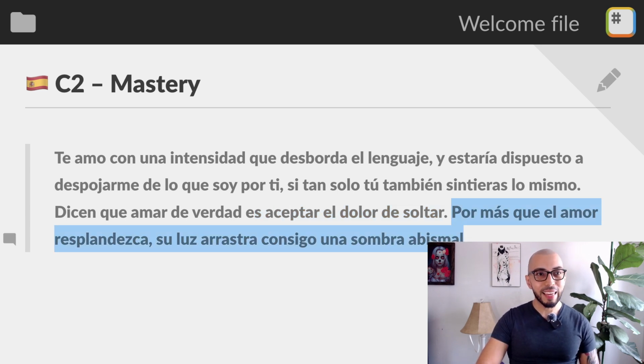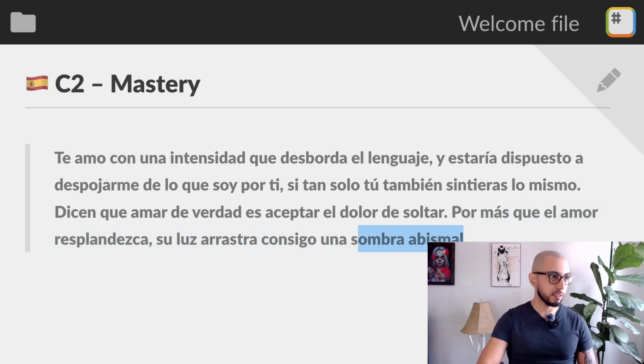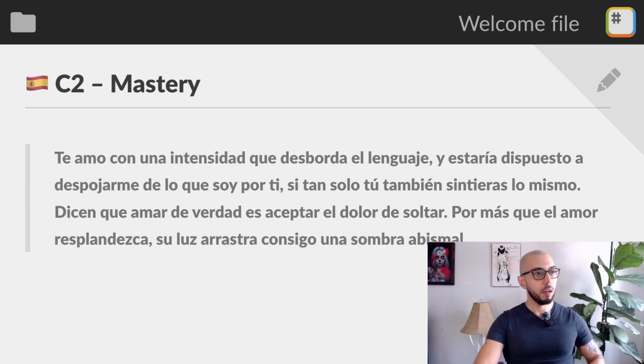Por más que el amor resplandezca, su luz arrastra consigo una sombra abismal. I want you to just focus on the second part of the sentence. Su luz arrastra consigo una sombra abismal. Let's let that sit in the mind for a second.